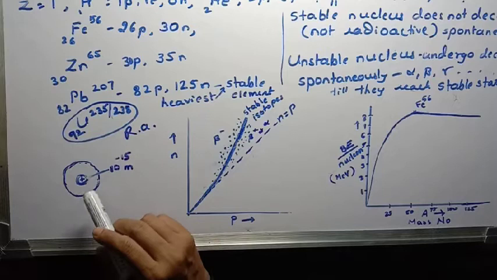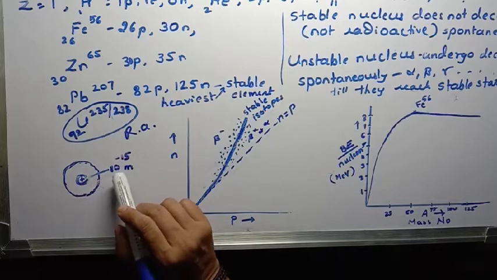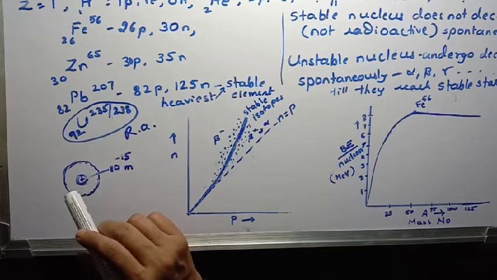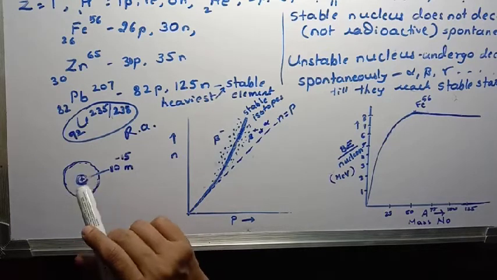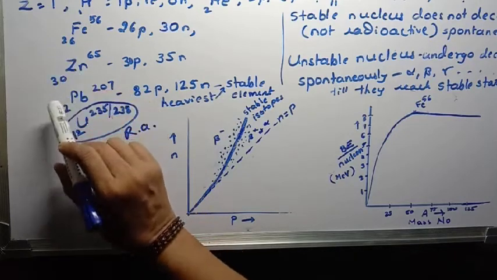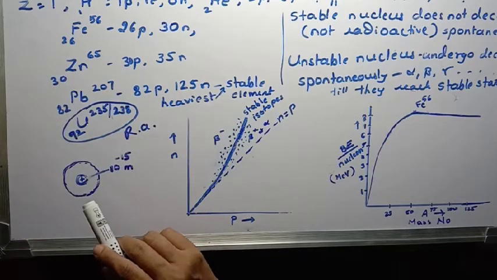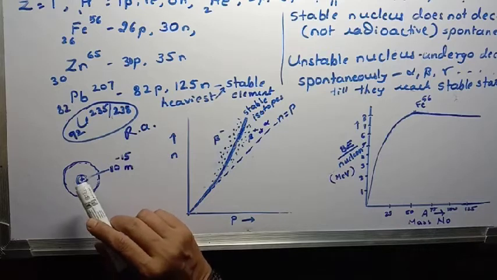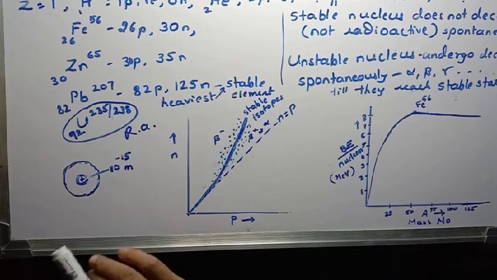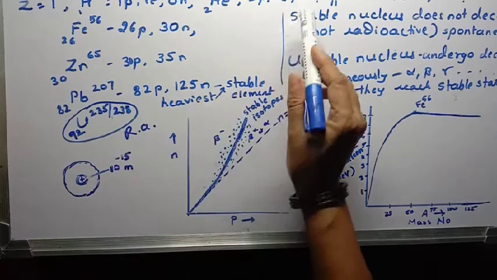Suppose there are 30 protons in this small volume, and all the 30 protons repel each other. So the force of repulsion increases as the atomic number increases, because the proton number increases and all protons are positively charged particles.